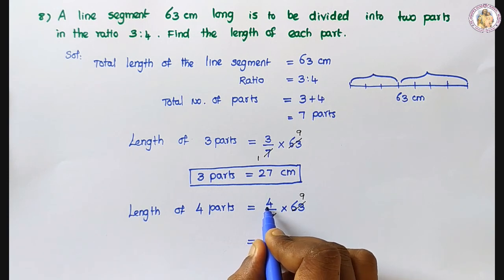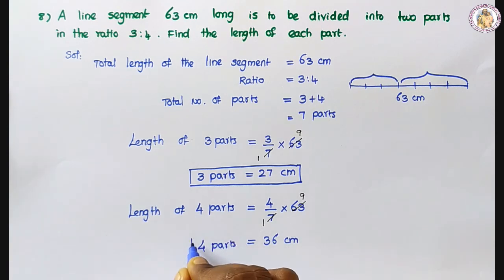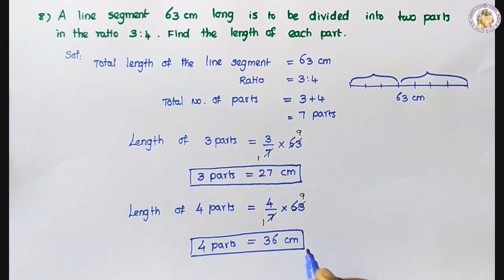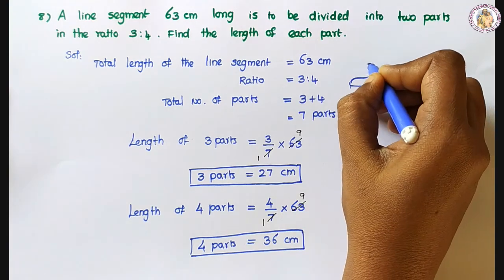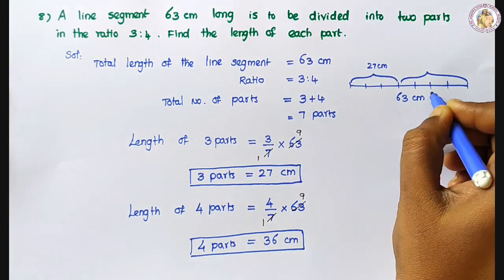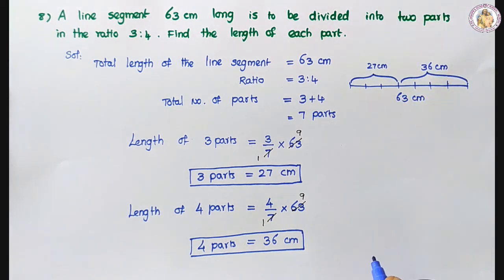Multiply the numbers. 4 into 9, 36 centimeter. That is 4 parts. Length of 4 parts is 36 centimeter. So this is 27 centimeter and this one is 36 centimeter. So that is the answer.